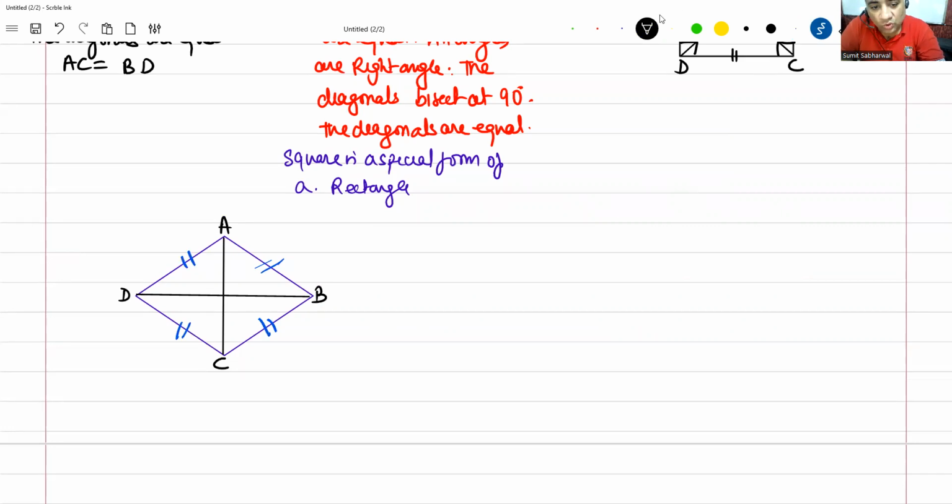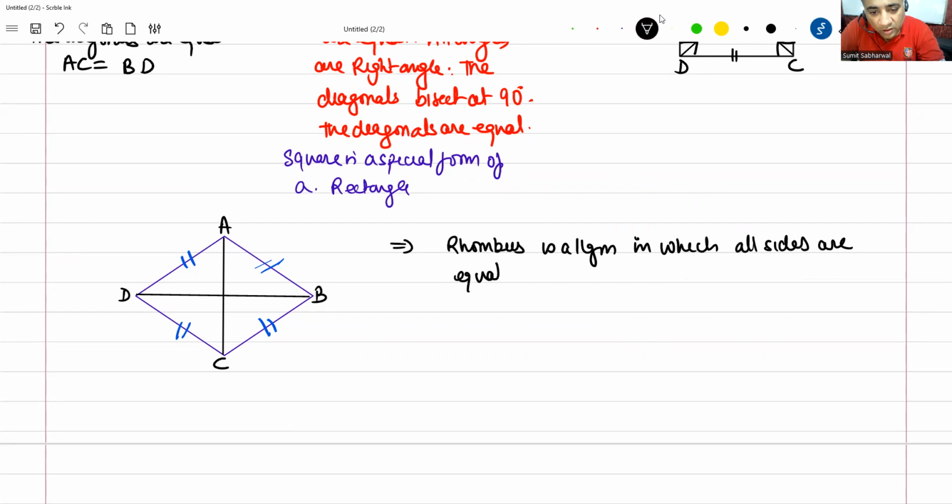Okay. So a rhombus can be called a parallelogram in which all sides are equal and diagonals bisect at 90 degrees. Okay. But how is it differing from a square? In case of a square, all angles are right angles, but in case of a rhombus, it is not necessary. Okay.